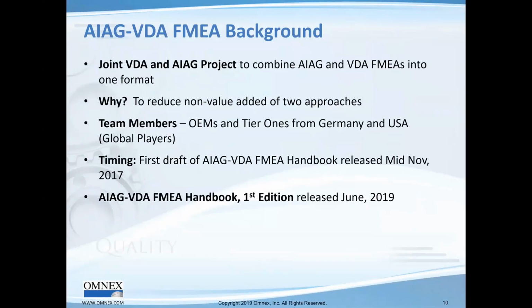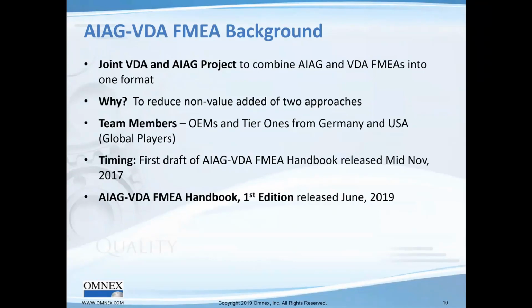And the risk was rated differently, recommended actions were different, and really you couldn't share FMEAs from one part of the world to the other. And as all of you know, the German OEMs are very strong in Mexico, very strong in China, and other parts of the world, and also the USA.